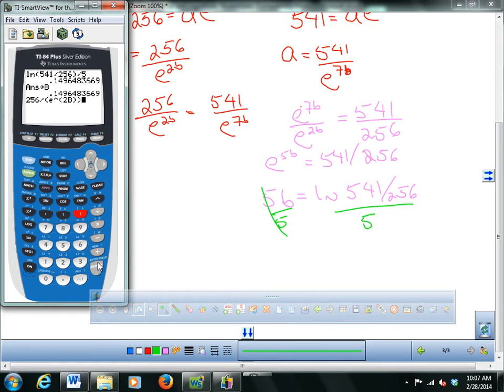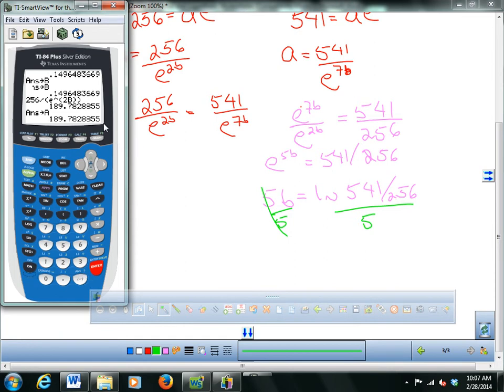I'm going to store that. I could enter it, and then I'm going to store that as alpha A. There we go. So now I have A and B, okay?